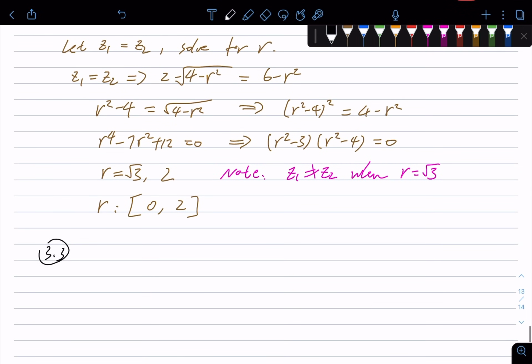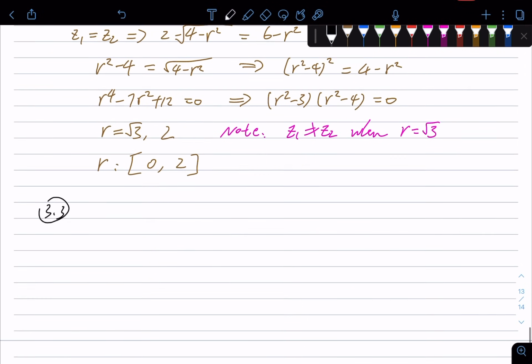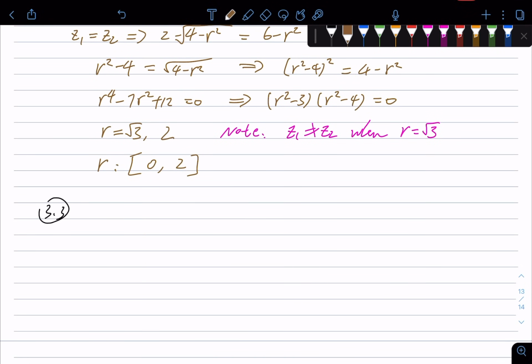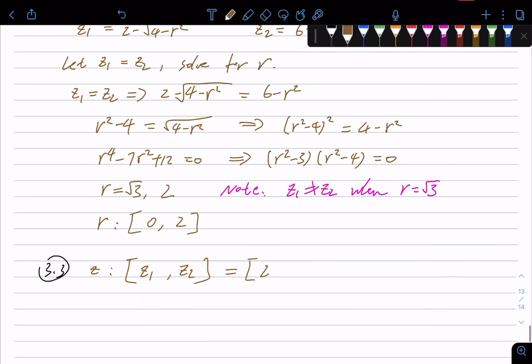The question has already given them to you very explicitly. We want to integrate from the lower surface to the upper surface. So our z-bounds is just going to be z1 and then z2, but we're going to write it in the cylindrical coordinate format, which will be 2 minus the square root of 4 minus r squared, and then 6 minus r squared. Okay?